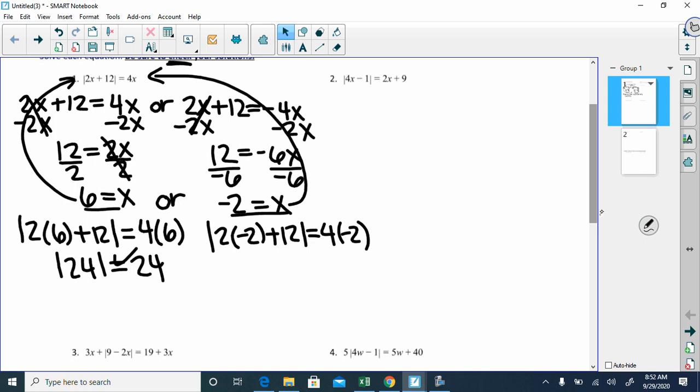So I'm going to simplify my absolute value first. What is 2 times negative 2? Negative 4. And what's negative 4 plus 12? The absolute value of 8 is equal to, what's 4 times negative 2?